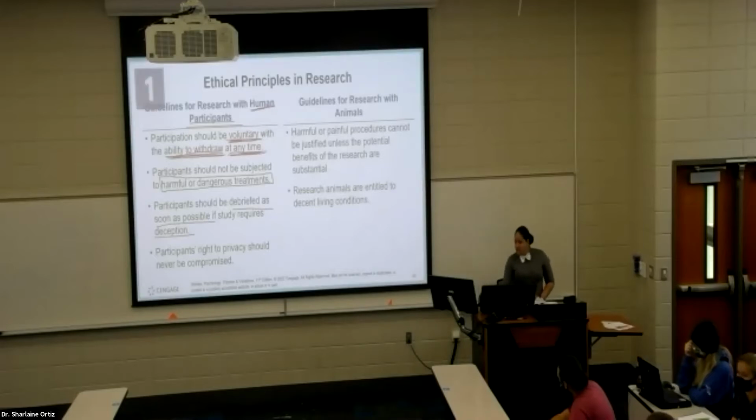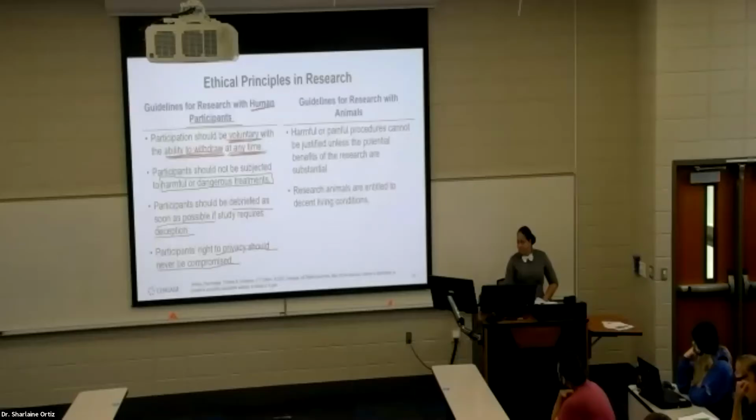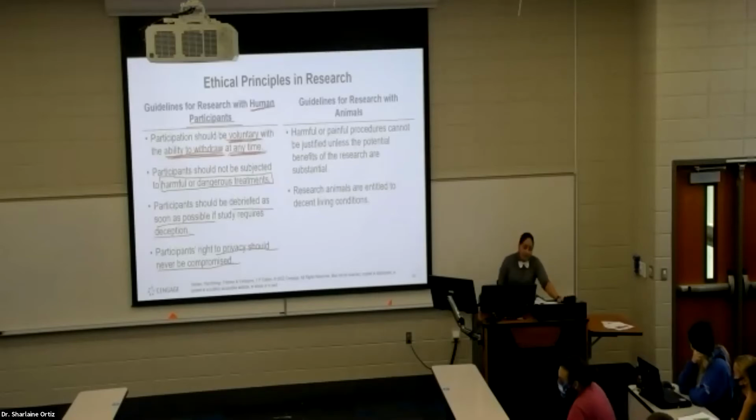And the last aspect is privacy. I have to ensure that your privacy as a participant is not compromised. So for example, your name, your last name, social security number, A number, student number, whatever means I have to identify you, they actually have to be locked.